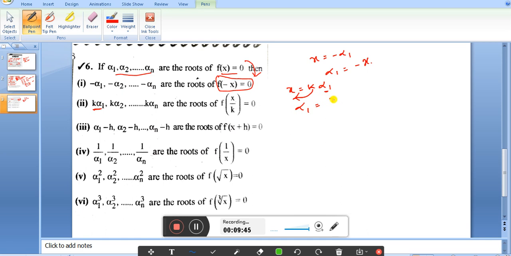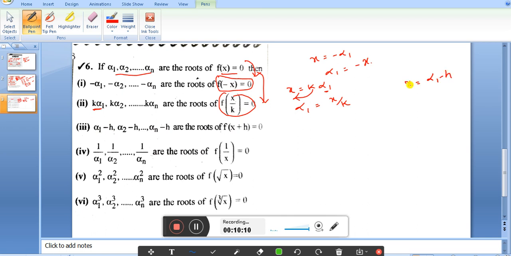So f of x equals 0 transforms to f of x by k. And similarly, x equals alpha 1 minus h.